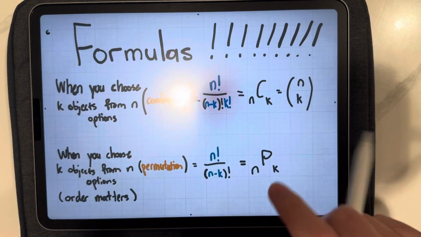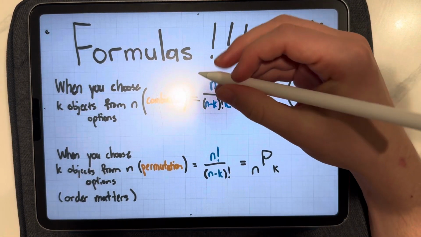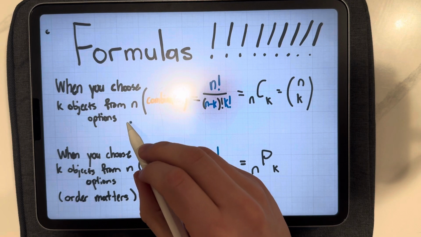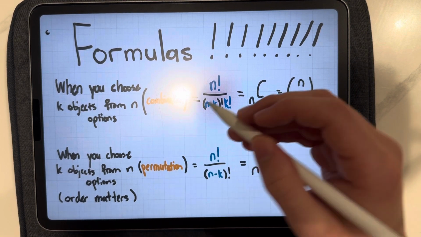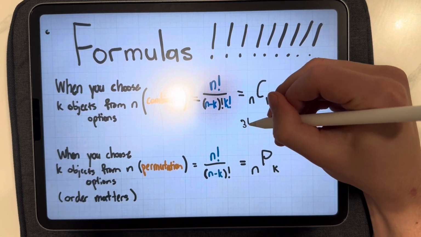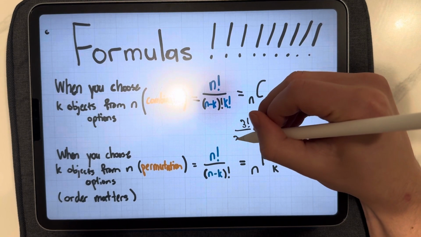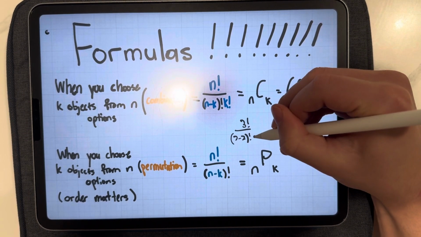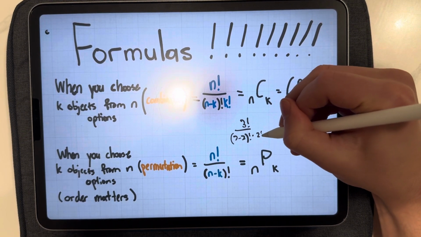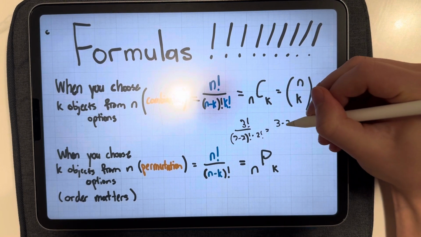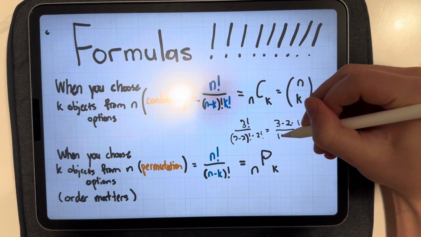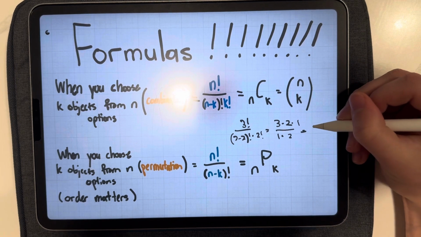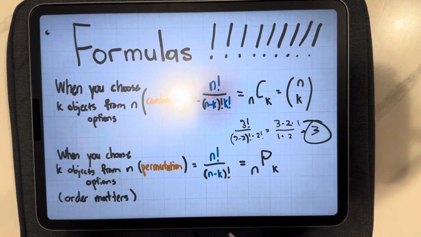So if we were to, like earlier, choose 2 colors from a group of 3 colors, it would be 3 factorial over 3 minus 2 factorial times 2 factorial, which is 3 times 2 times 1 over 1 times 2. And this is 3. And we did in fact have 3 ways.